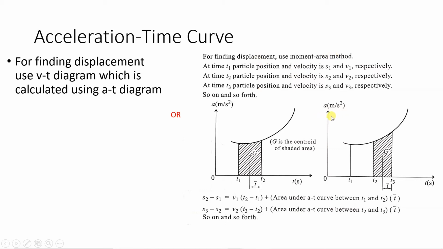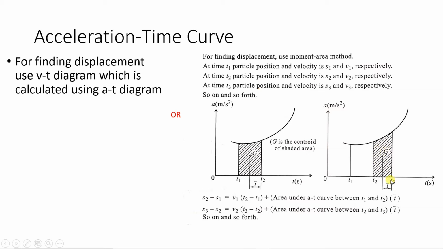Okay, see the second example here. Again the acceleration versus time diagram is shown, and here the time interval is from t2 to t3. So how to find the displacement? S3 minus S2 is equal to V2 in brackets, the difference T3 minus T2, plus the area under this AT curve between T2 and T3 multiplied by the location of the centroid of that area from T3.